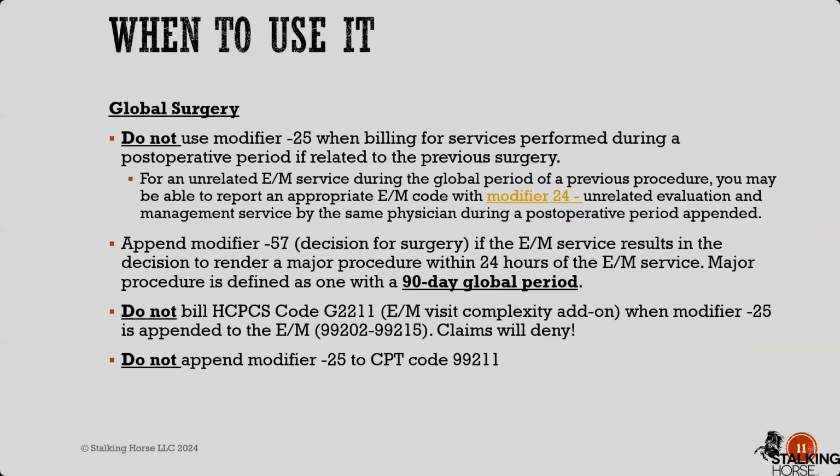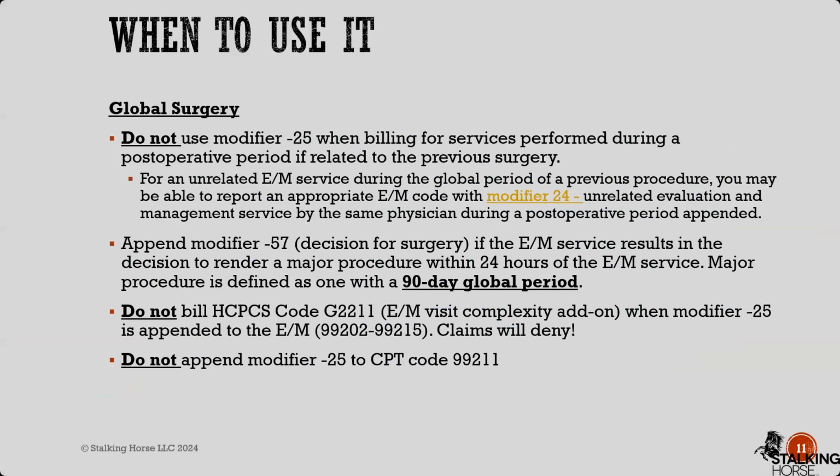Also, it's important to note that new visit complexity code, G2211, if you are aware of that code and you're using it, you cannot use that code when modifier 25 is attached to your E&M.